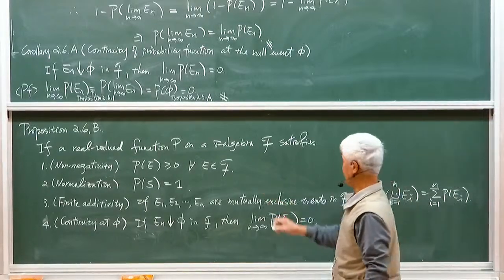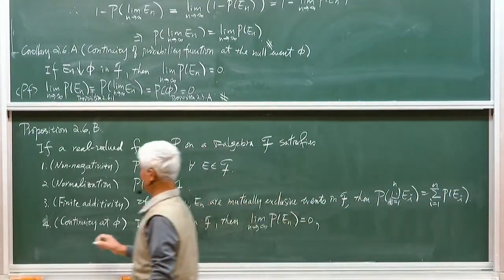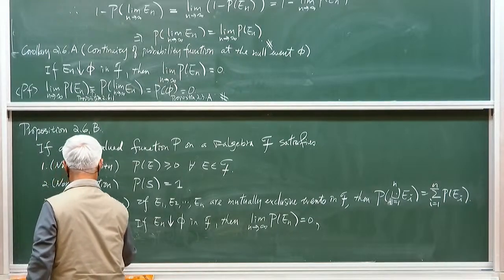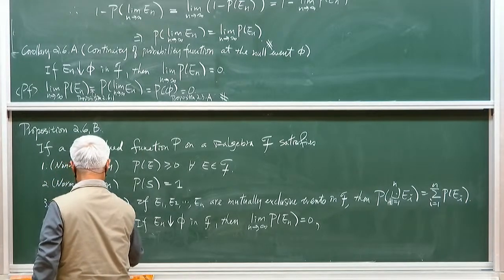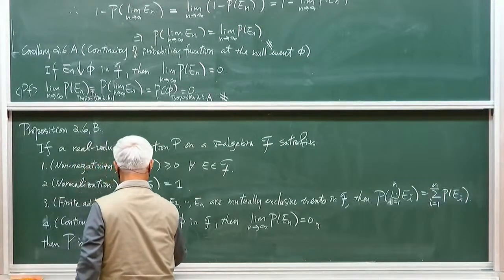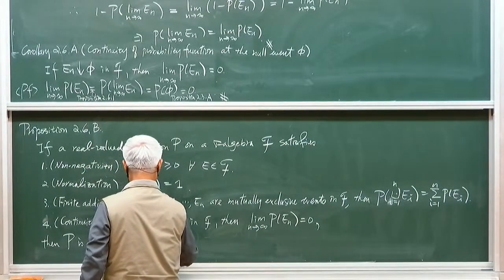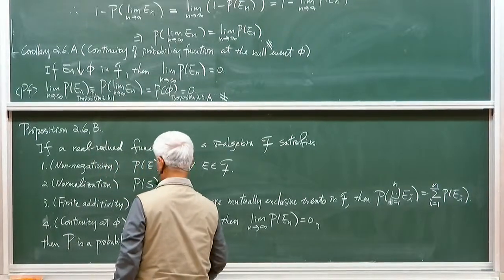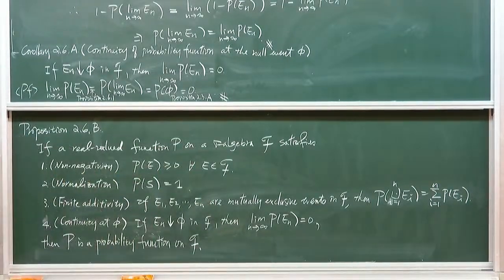So if we have these four conditions, then P is a probability function on F.